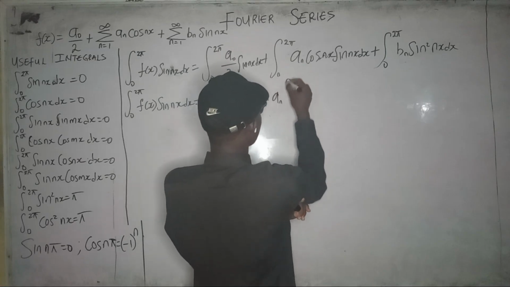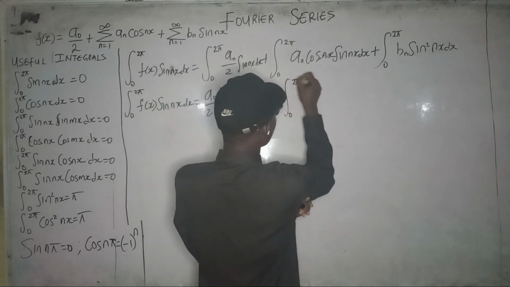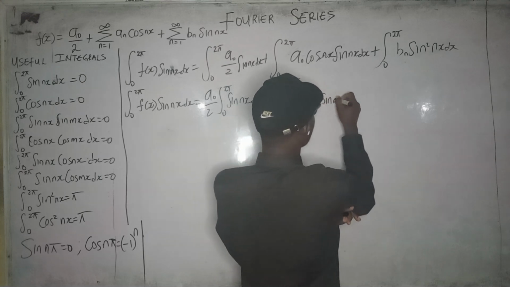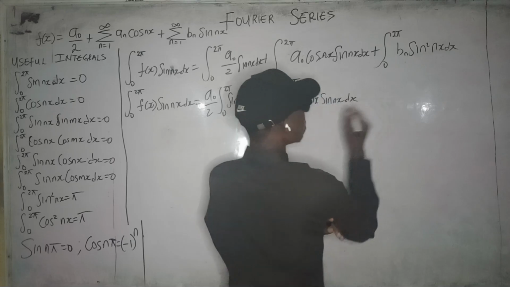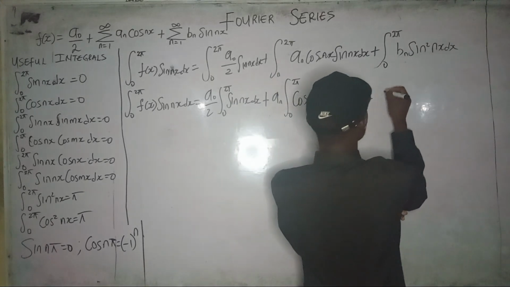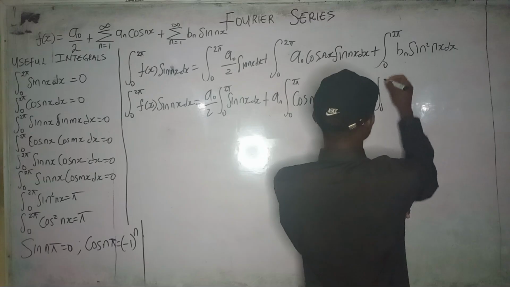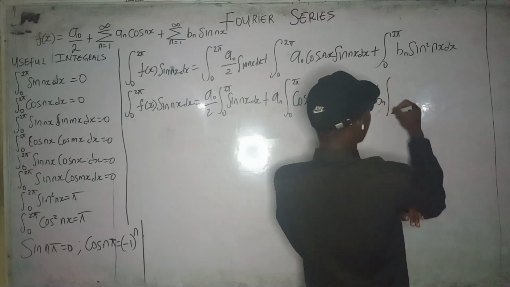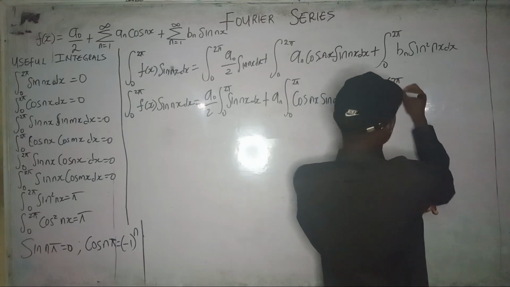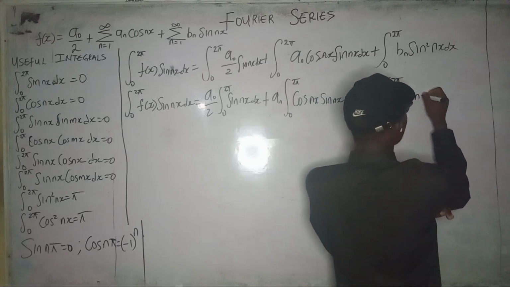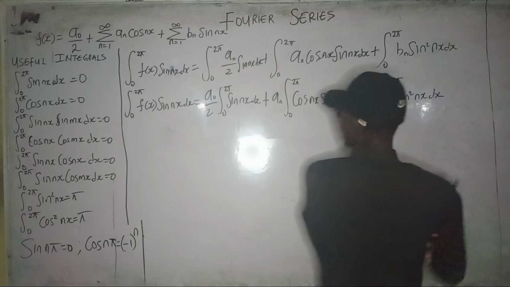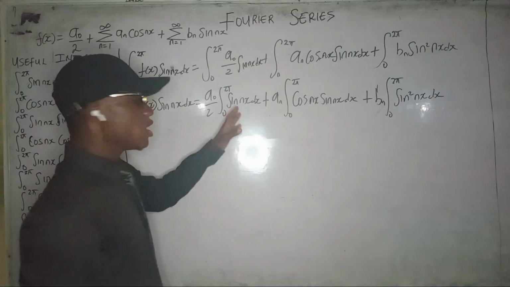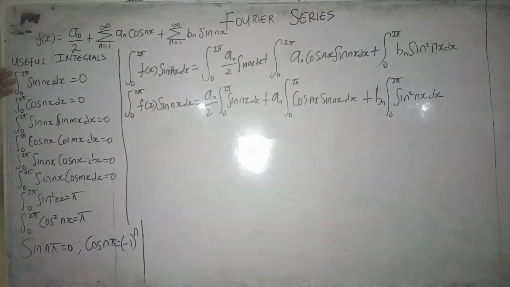We have an, the integral from 0 to 2 pi of cos nx sine nx dx. Then for that we have plus bn here, integral from 0 to 2 pi of sine square nx dx.